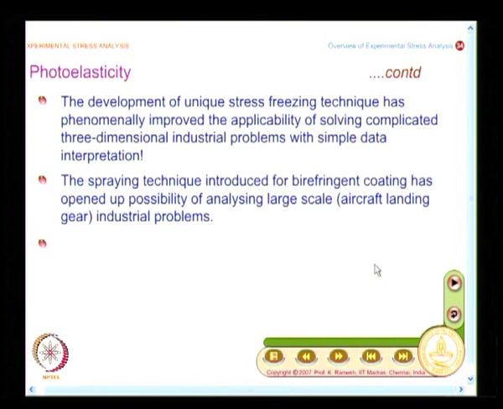On the reflection photoelasticity side, people have also developed a spraying technique to put the birefringent coating on large industrial components. One of the component that people do is aircraft landing gear, which is very huge, and they still do structural optimization based on photoelastic analysis, and this model will typically cover a 2 to 3 story building height.